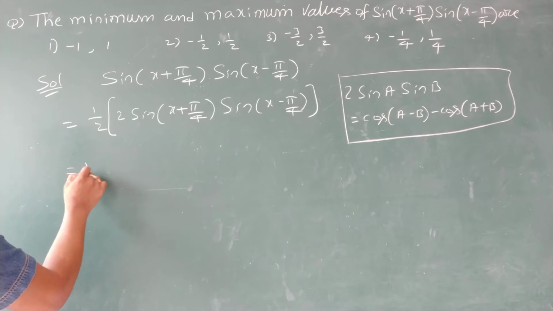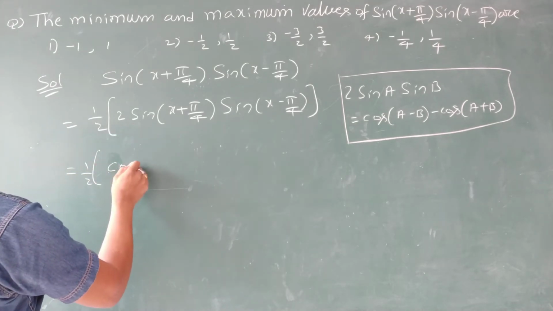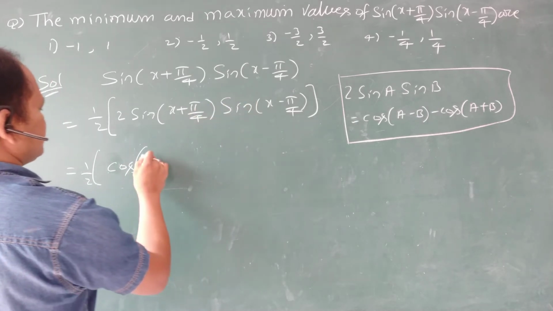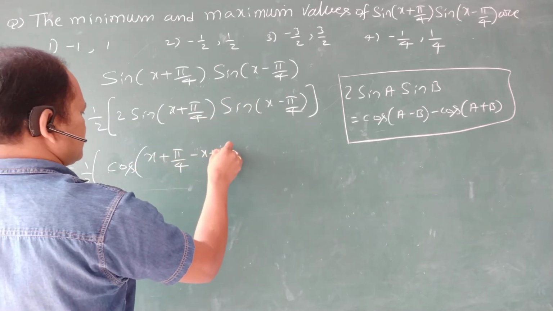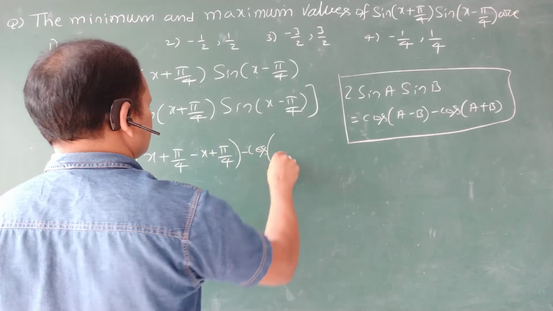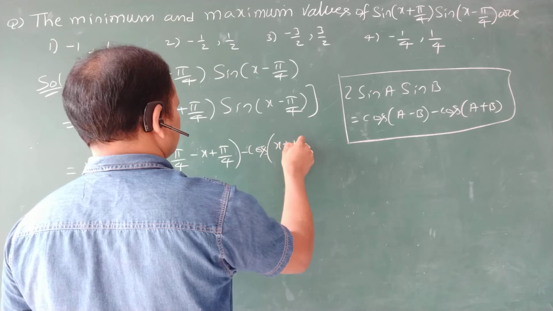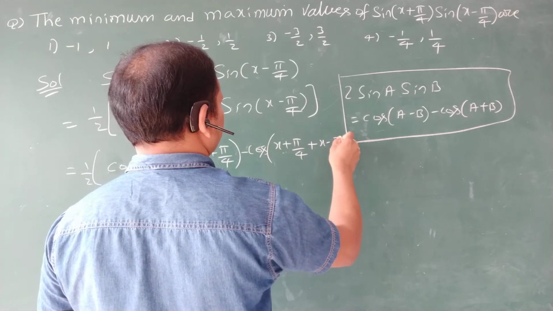This is cos of A minus B, that is (x plus pi by 4) minus (x minus pi by 4), minus cos of A plus B, that is (x plus pi by 4) plus (x minus pi by 4).